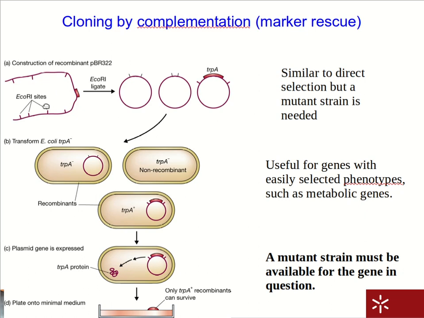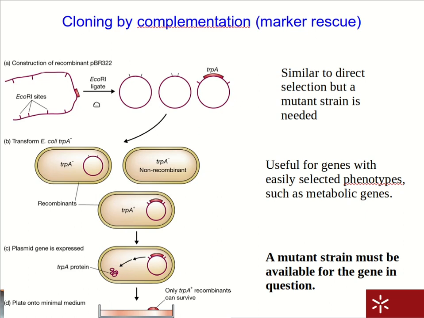In this example, we show the cloning of the TRPA gene using a mutant E. coli that has a mutation for that same gene. This TRPA gene is a metabolic gene in the biosynthesis of tryptophan, and this mutant organism cannot grow without tryptophan in the medium, so it's one of many possible mutants in that metabolic pathway.